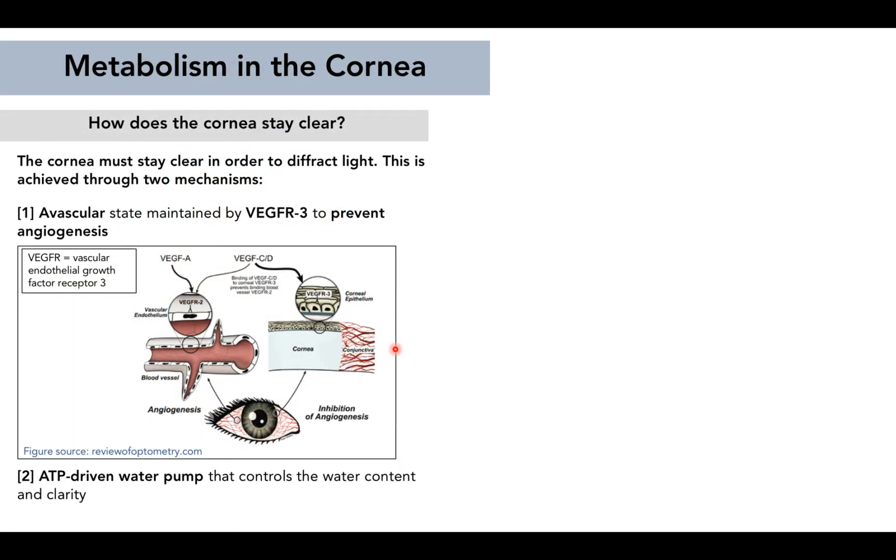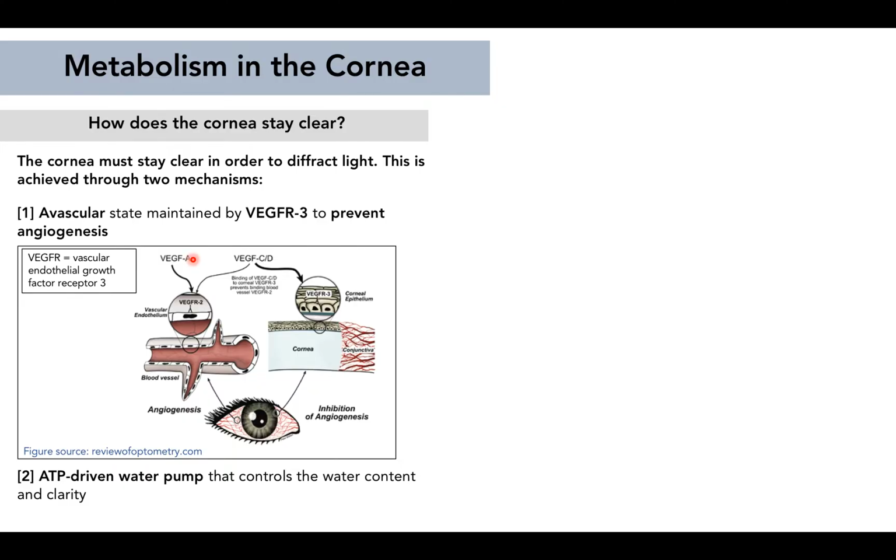Now, let's start by talking about metabolism in the cornea. So the first question is, how exactly does the cornea stay clear? As we've talked about before, the cornea must always stay clear so that it can allow the diffraction of light. It stays clear by two mechanisms primarily. First of all, it has to maintain an avascular state, which means no blood vessels are allowed in the cornea.